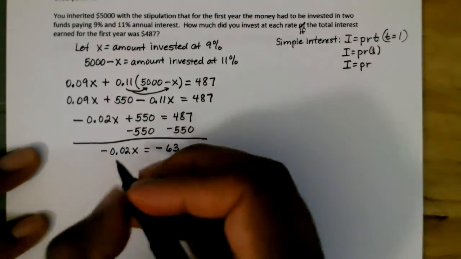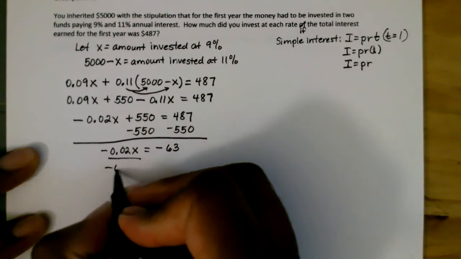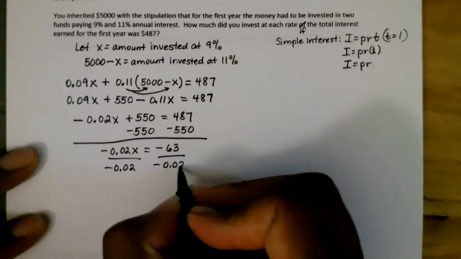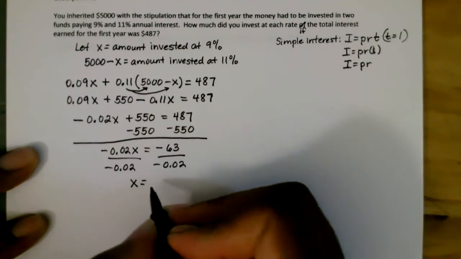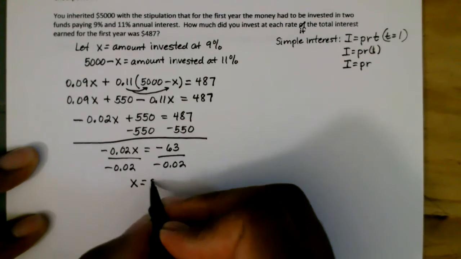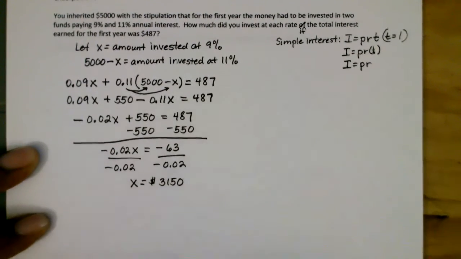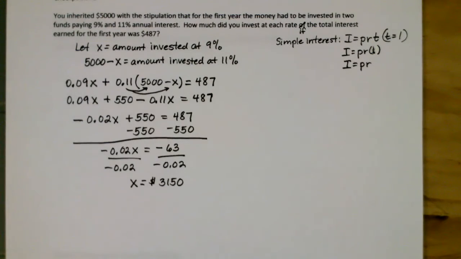And then to solve this equation for x, divide both sides by negative 0.02. That would mean x is equal to $3,150. Pretty much you just type in negative 63 divided by negative 0.02.